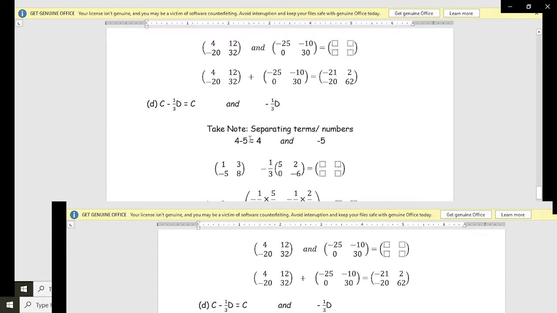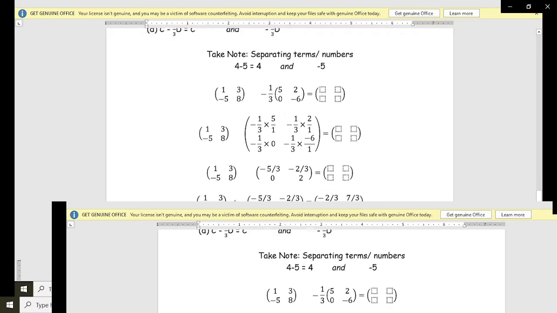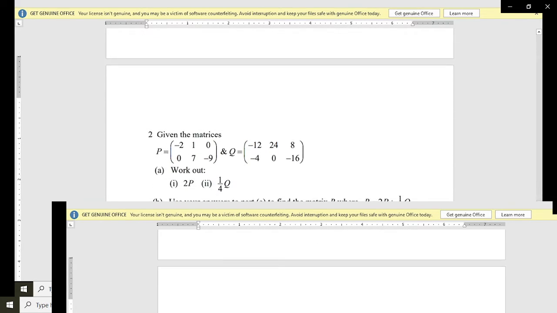But if you have to analyze it and break it down into its parts, then you have a 4 and a minus 5. Always bear that in mind.